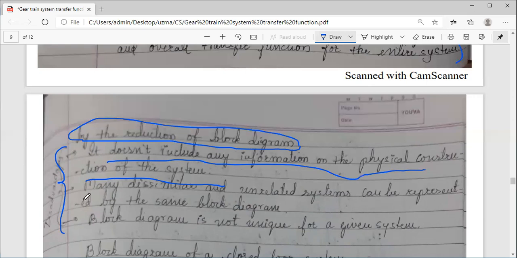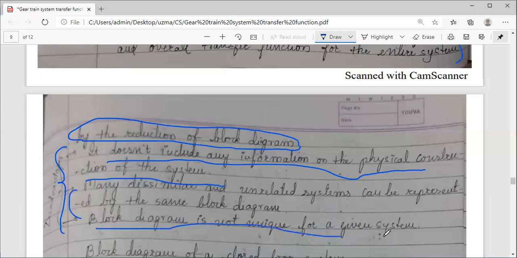What does that mean? If there are two or three systems whose connections are unrelated and dissimilar, altogether totally different, the same block diagram may still be possible for all three. Because in a block diagram you will not get the actual physical construction, two or three systems can have the same block diagram. The block diagram is not unique. That is why for three different systems a single block diagram may exist.